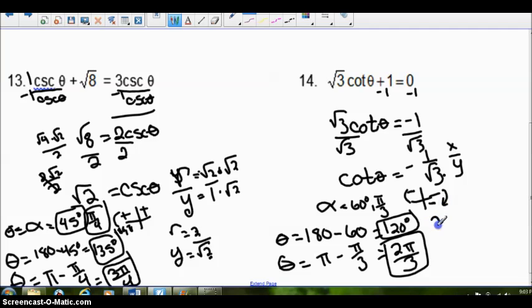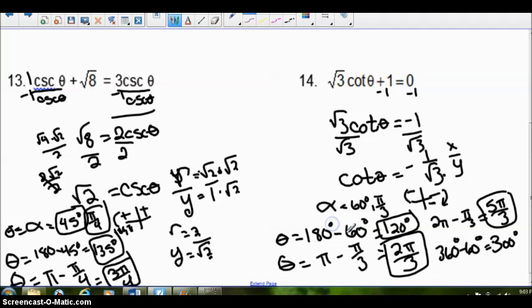So we'd have 2 pi minus pi over 3, which is 5 pi over 3. Or we could say 360 minus 60, which is 300 degrees. Let me go back and put my degree symbols on there to be more accurate. There we go. All right, so those are the 4 possible values for theta in this equation.